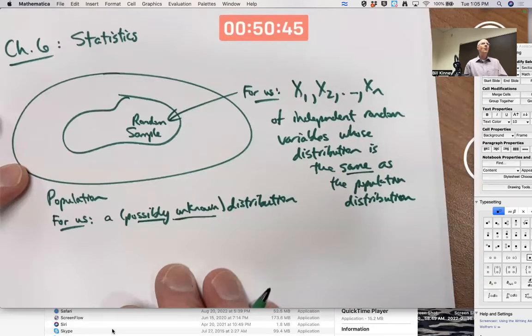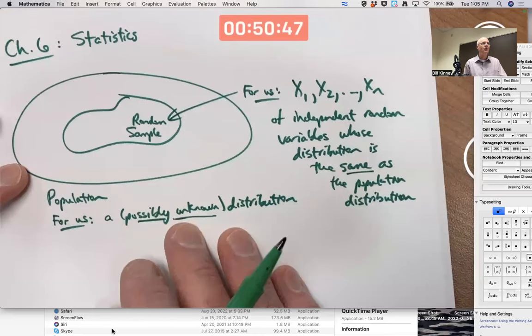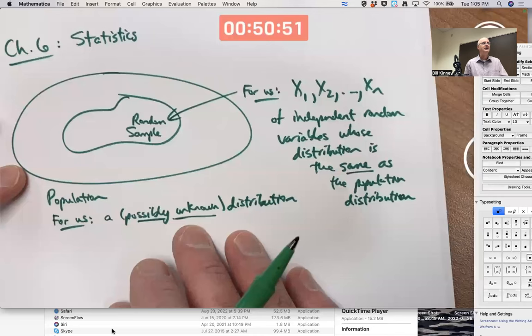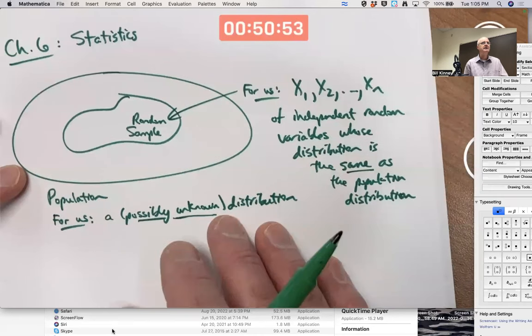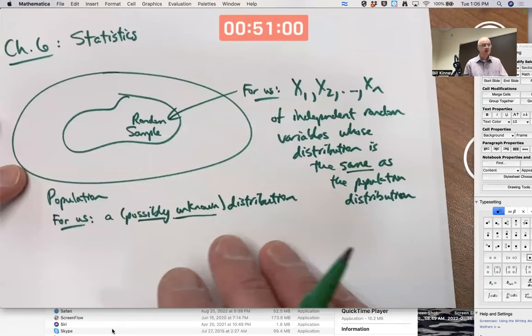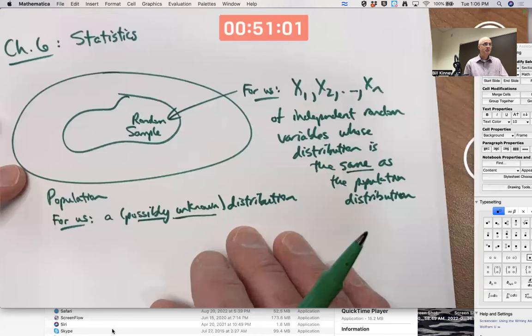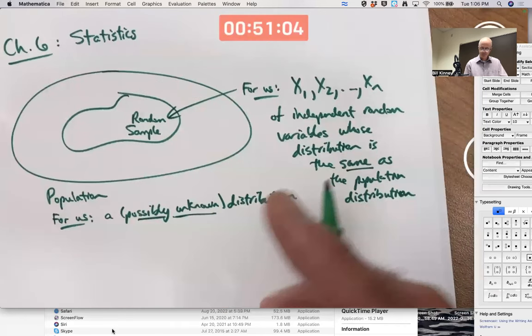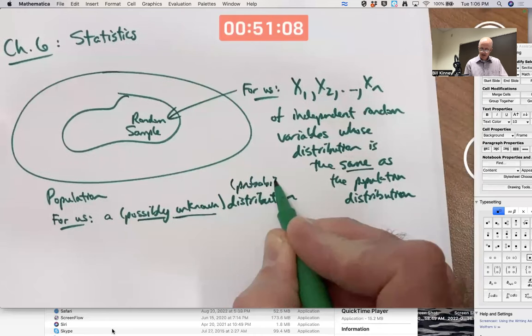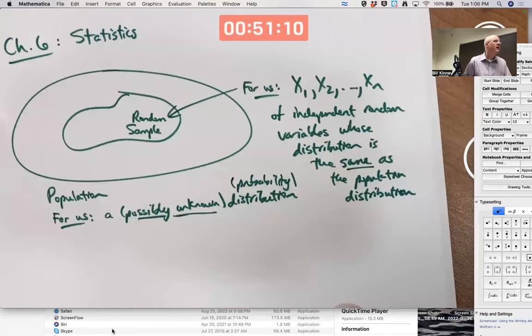But because we are a more advanced probability and stats course, we want to be able to handle thinking about these more abstractly and do mathematical things with them. And that's why we think of them this way. The population for us is a distribution, a possibly unknown probability distribution, meaning really a random variable that we're studying.